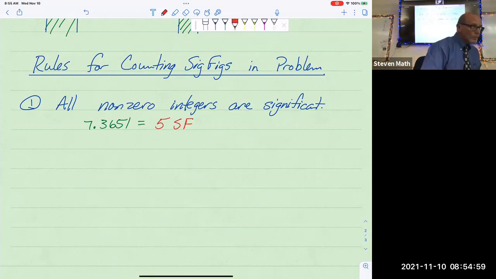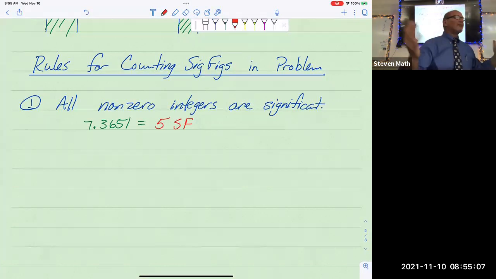Is it called six figures? No, because it's significant figures, we shorten it up to sig figs, or SF. Some books even use the term significant digits.